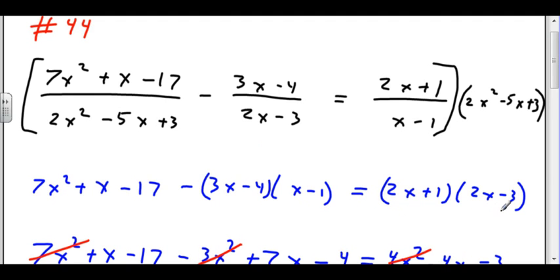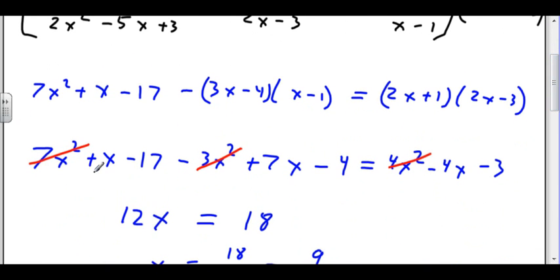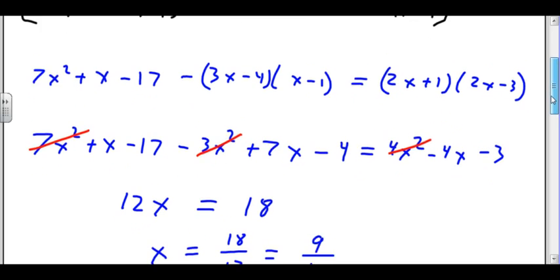I got that times that. I got that. X squared, minus 7 becomes a plus 7, plus 4 becomes a minus 4. I got that. I've got plus 6 minus 2, that's right. That's right, so everything's fine.